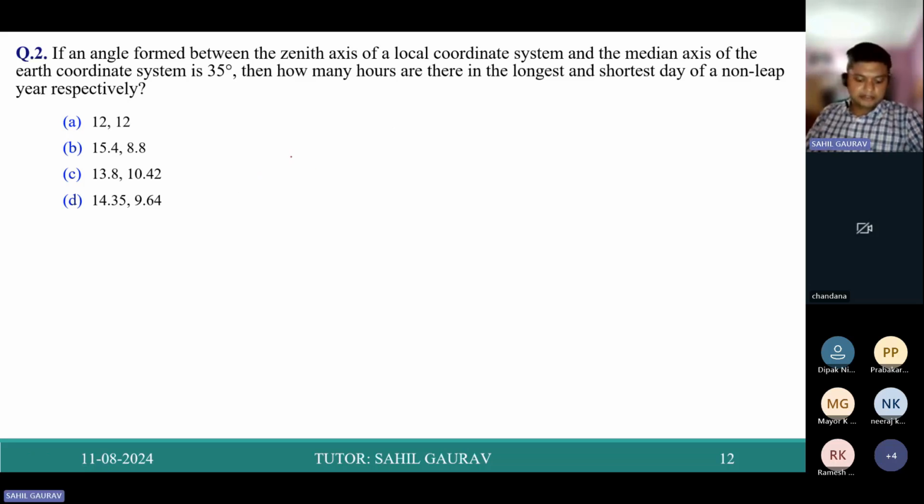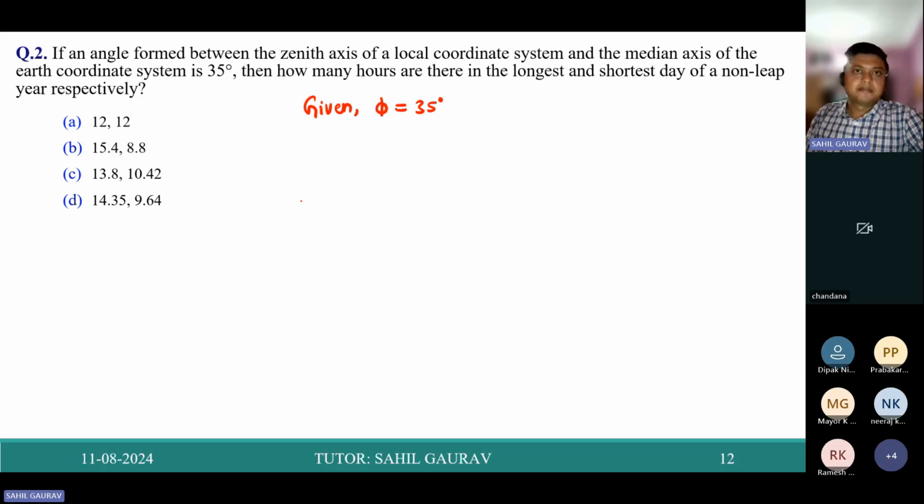This angle is the latitude angle. The given latitude angle is 35 degree. Now they are asking how many hours are there in the longest and shortest day of a non-leap year.